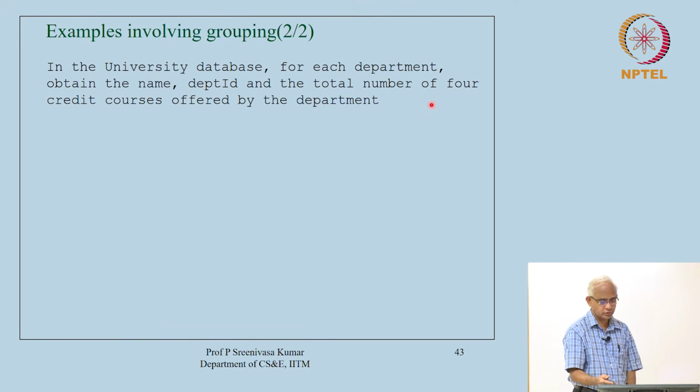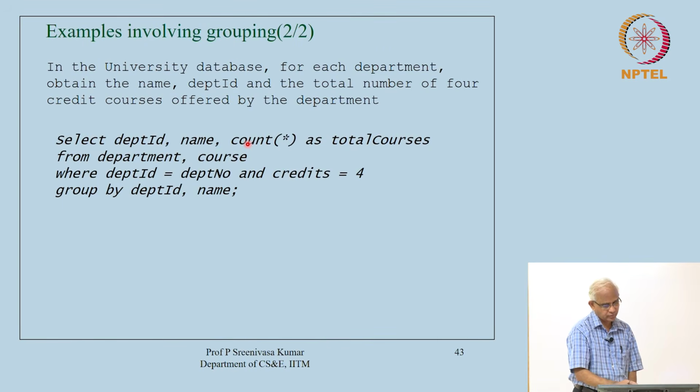So, you need to bring in the course table, check whether the course has 4 credits, and then group it by department.